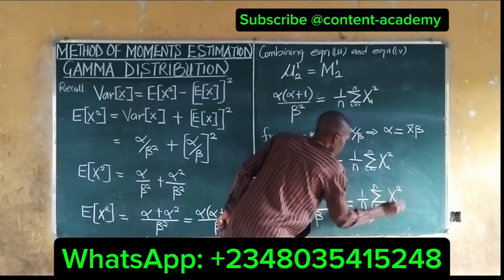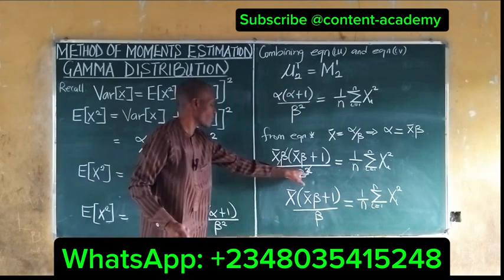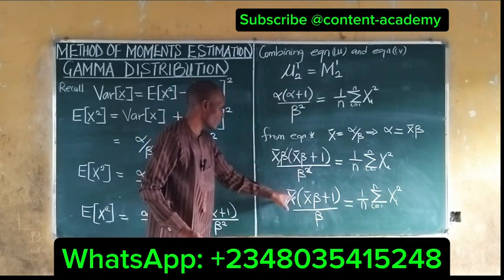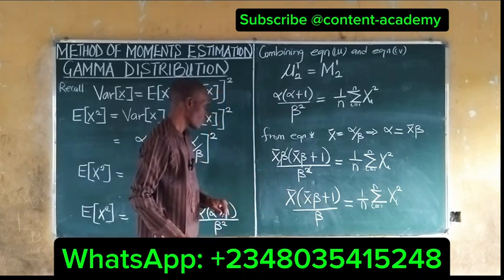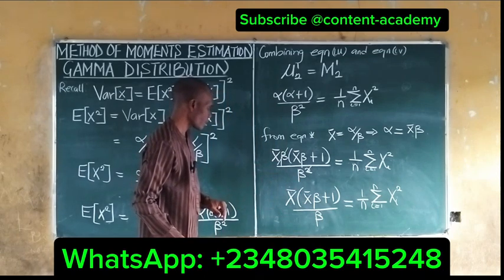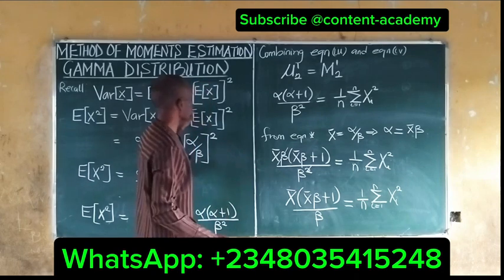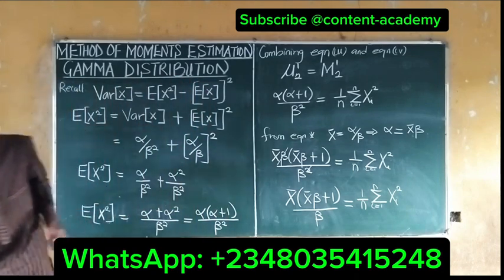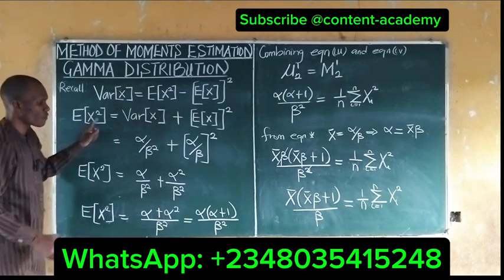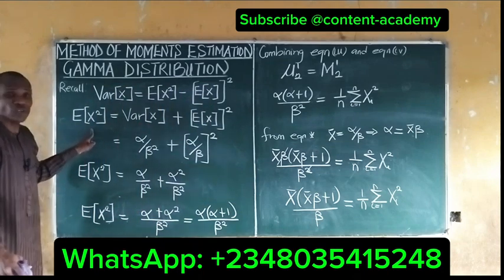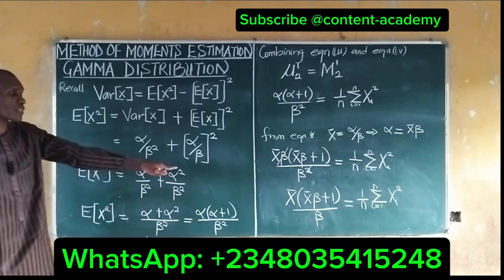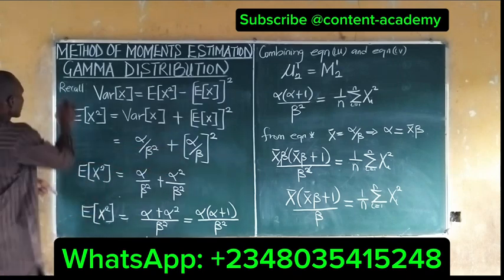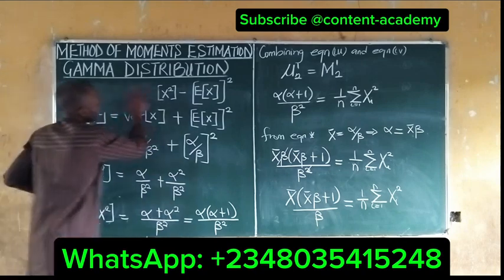So this is what we get when we cancel this. So we are left with this. What do we now do here? We'll move over to this other side of the board because we are trying to get our estimate of beta, since we have already gotten that of alpha.